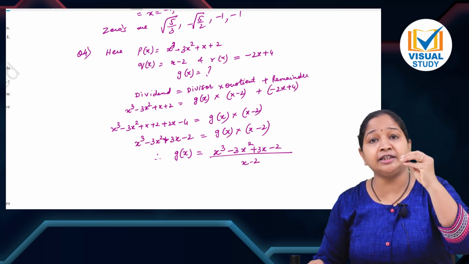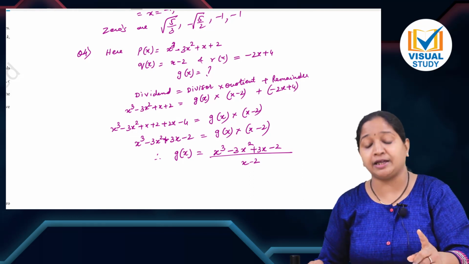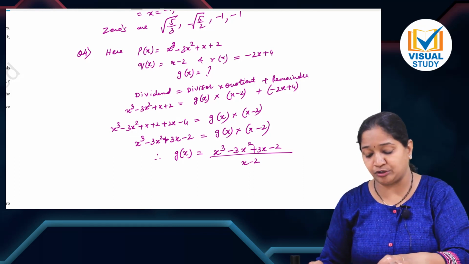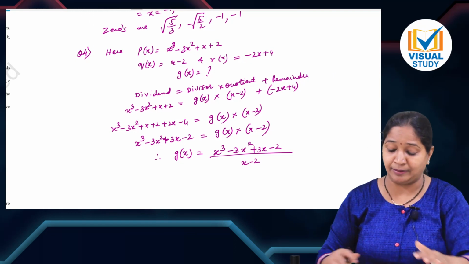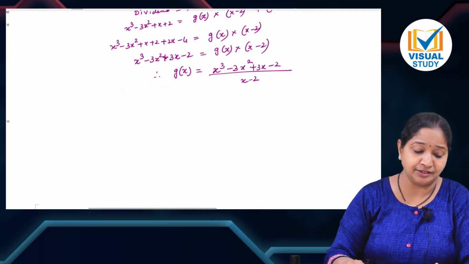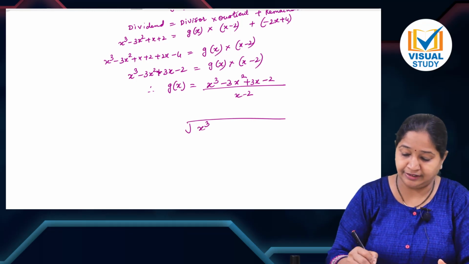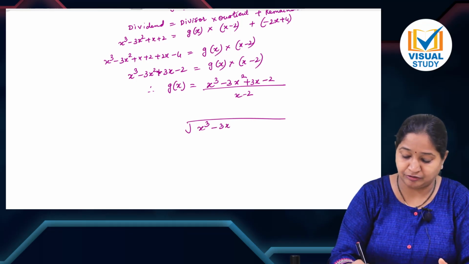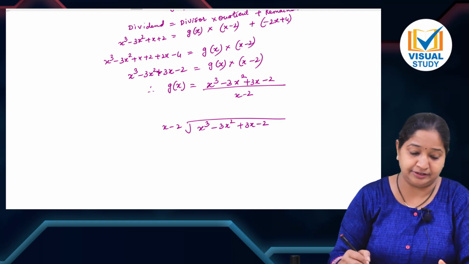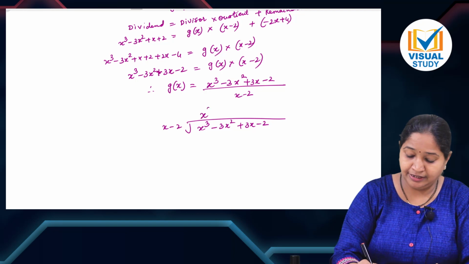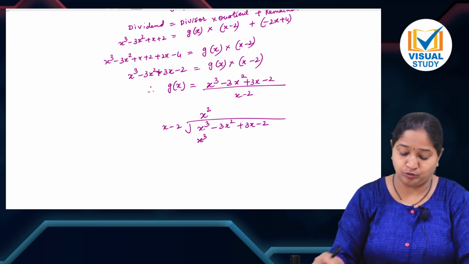Now, for finding the divisor, you can divide x cube minus 3x square plus 3x minus 2 by x minus 2. Come on, let's divide it. Now, x square into x is x cube.